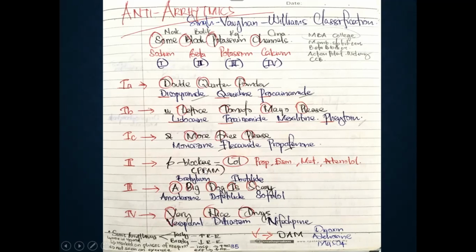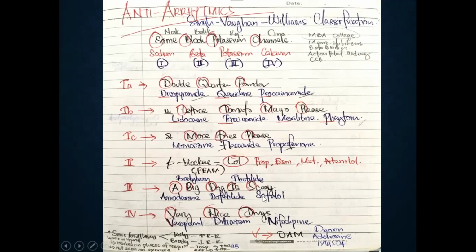Class 3 is potassium channel blocker. We have amiodarone, dofetilide, sotalol, ibutilide, bretylium and so on. So: a big dog is scary. A is amiodarone, B is bretylium, D is dofetilide, E is ibutilide, and scary is sotalol. Sotalol has the suffix -lol, but it does not belong to beta blockers.